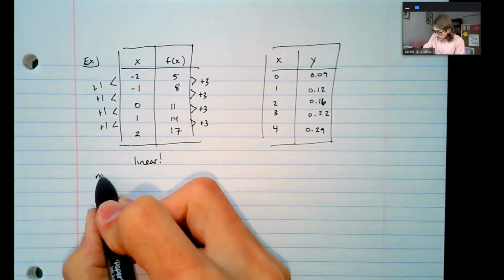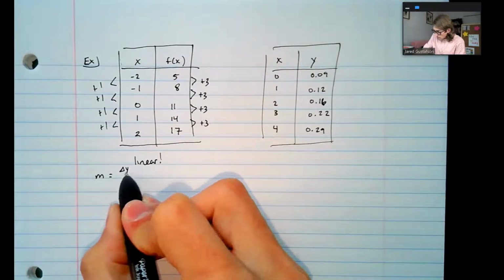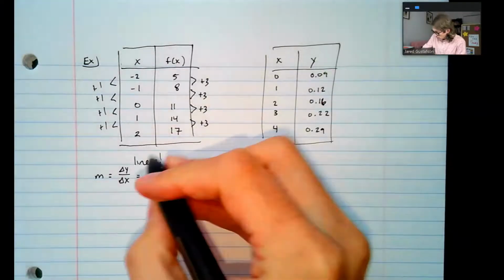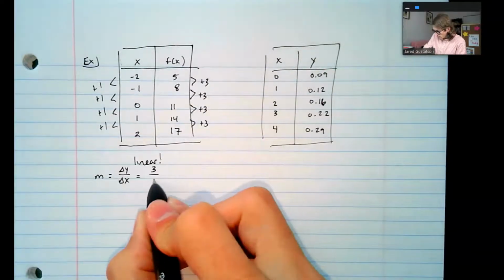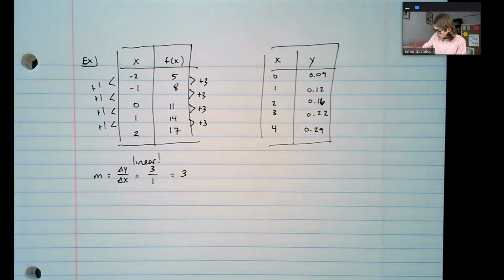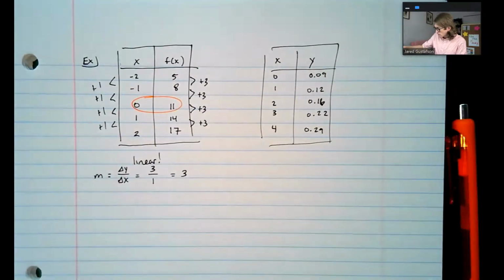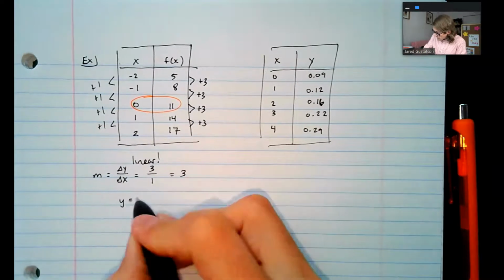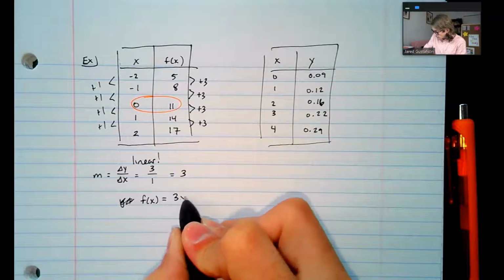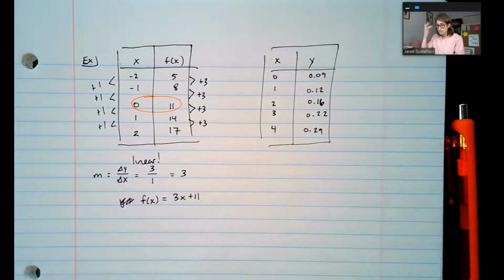In fact, we can come up with the equation of the line that gives these values. Remember, our slope is change in y over change in x. Well, the change in y is 3 every time. It's 1 for the x in this table. So the slope is 3. Do we have our y-intercept? Certainly. So y equals f(x) equals 3x plus 11.